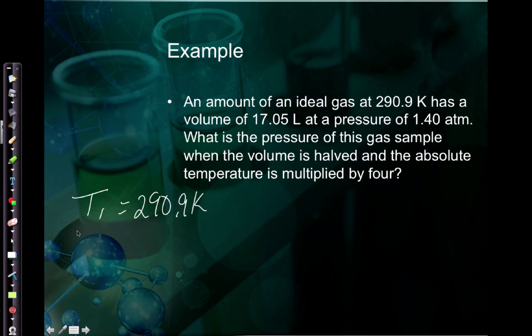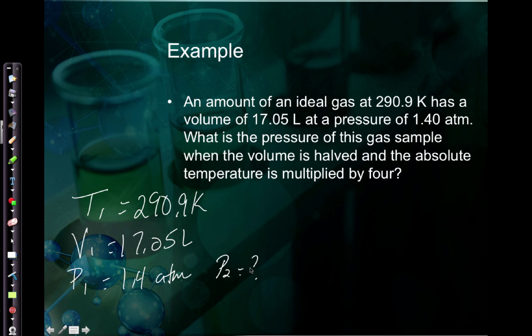I know that at that temperature the volume is 17. I also know that the pressure is 1.4 atm. So I'm looking for the new pressure if the volume is halved and the temperature is multiplied by 4.